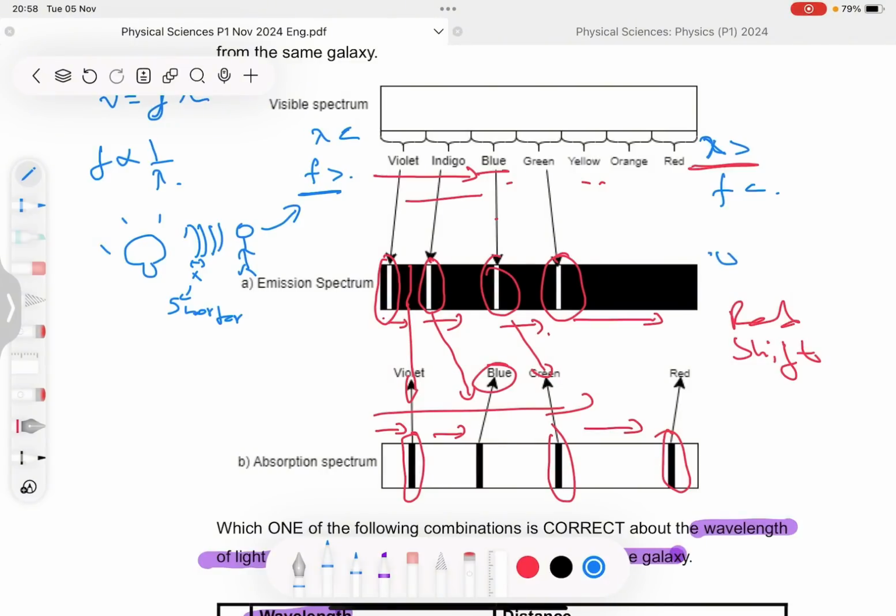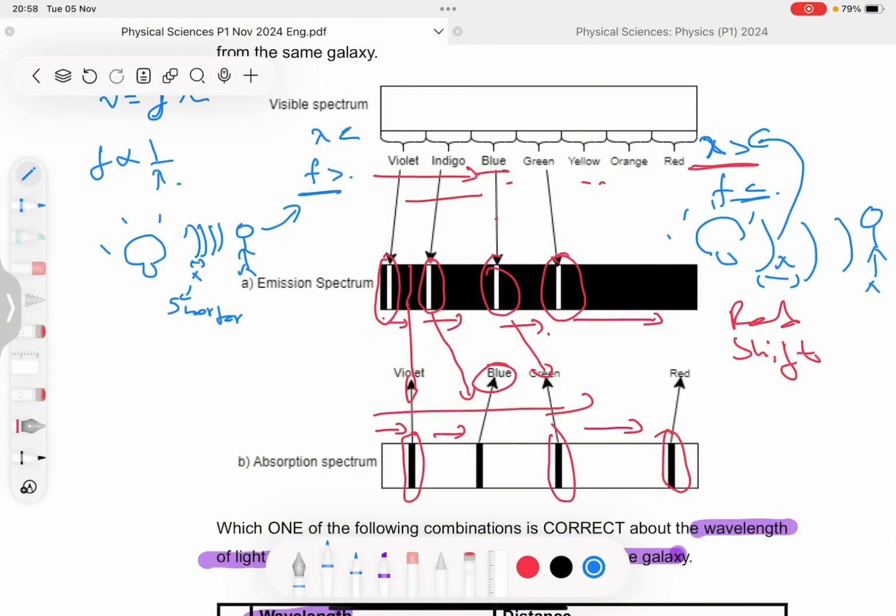Now, if you were to have a bulb this side and you are far from this bulb, the light will take time to reach you. So the wavelength is longer, and then we expect the frequency to be smaller. We have a decreased frequency. So this is to say, when you are closer to light, that's why you see the light becomes bright, it shines on you.